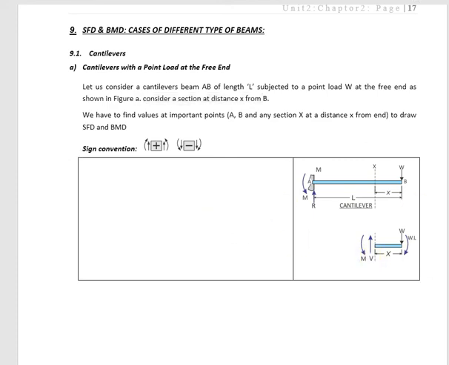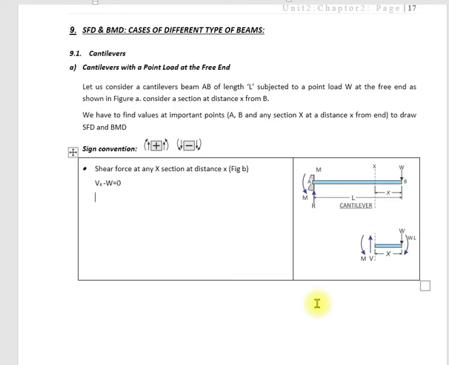So shear force at any distance using this sign convention would be, let me write it: left side up is positive, so Vx, okay, shear force is written, and now W is down, so minus W is equal to 0.